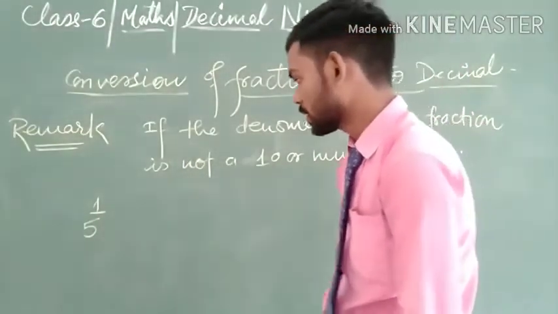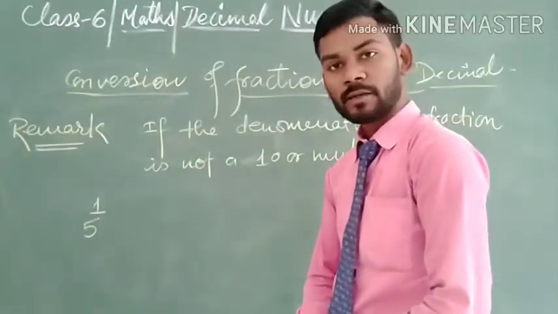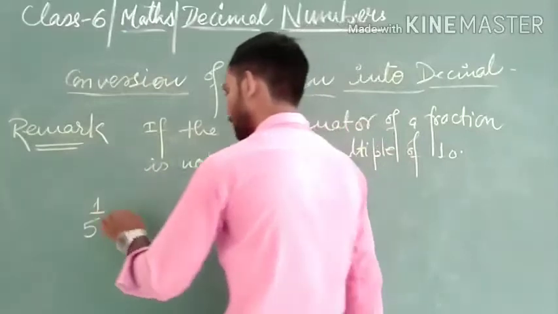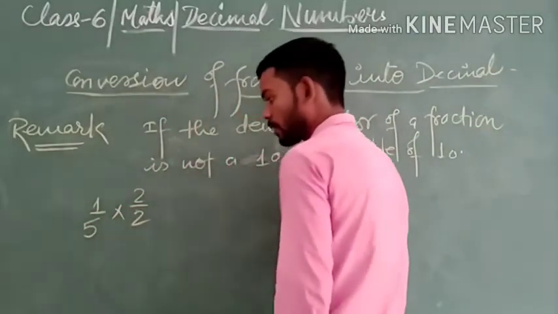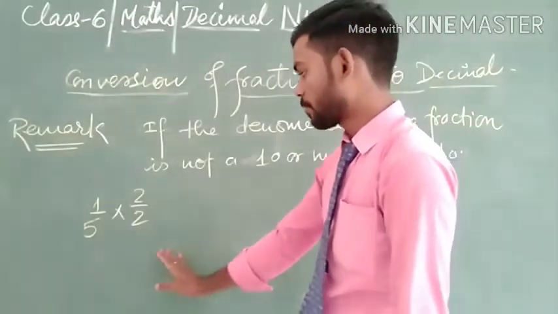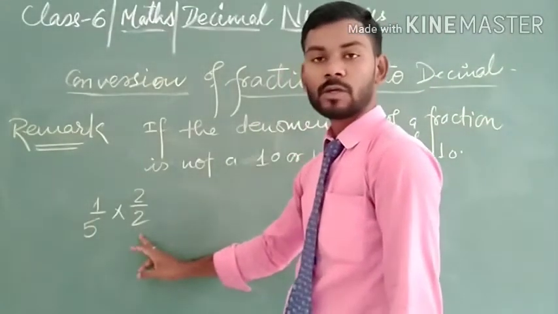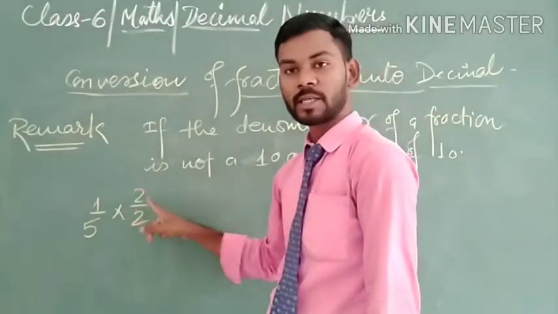In order to change the denominator to 10, we shall multiply by 2 upon 2. Here it is necessary that if we multiply the denominator by 2, then we also have to multiply the numerator by the same number.